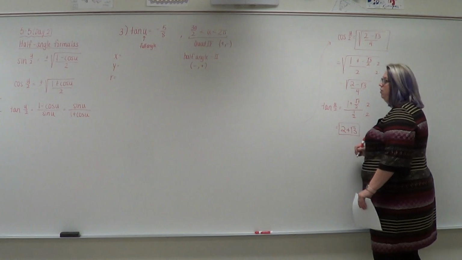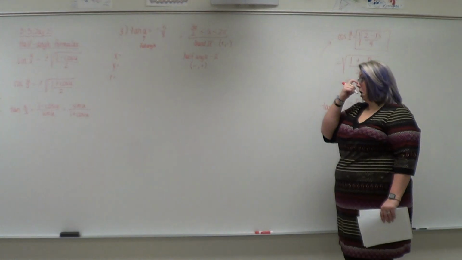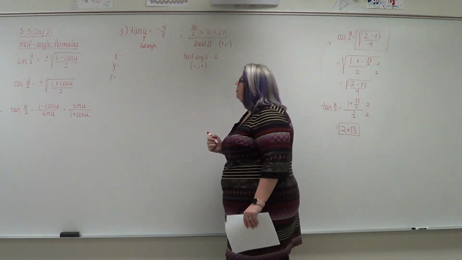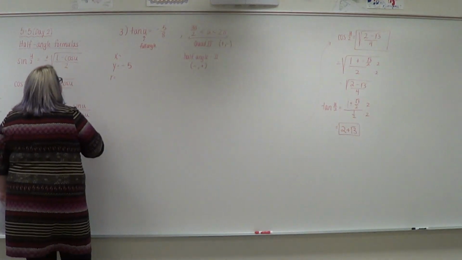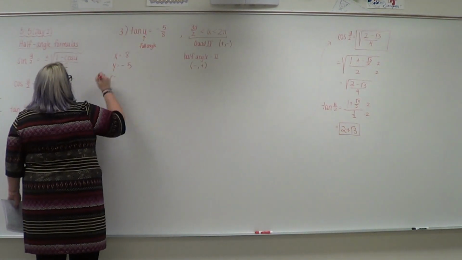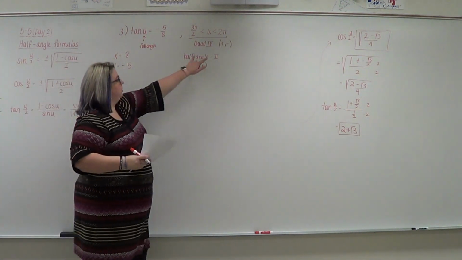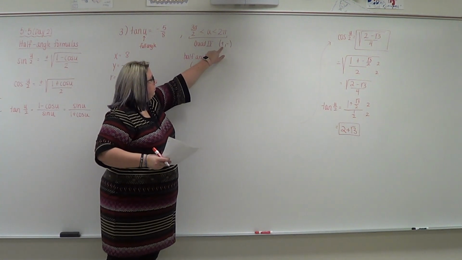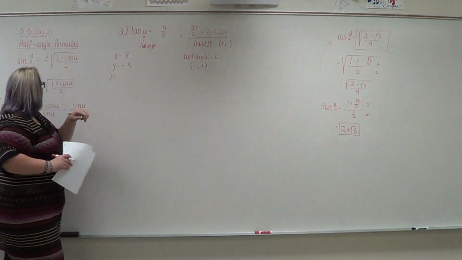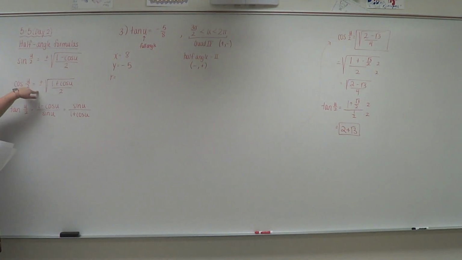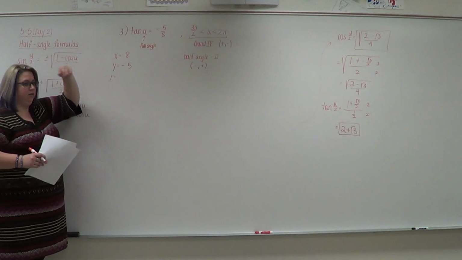And tangent's y over x, so what's my y? How do I know it's negative 5? Okay, because it's in quadrant 4. So the x is positive, y is negative. Half angle signs only matter for out here. Full angles matter in here. Okay?